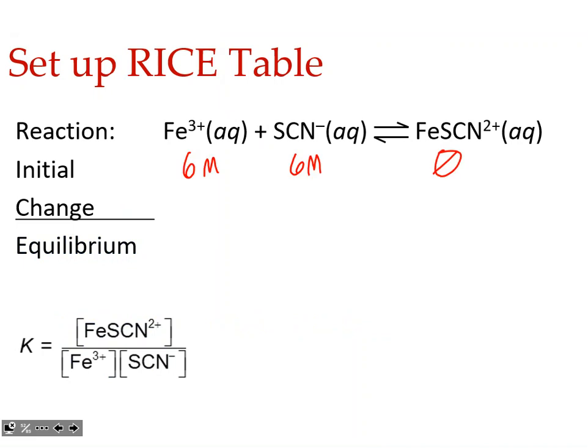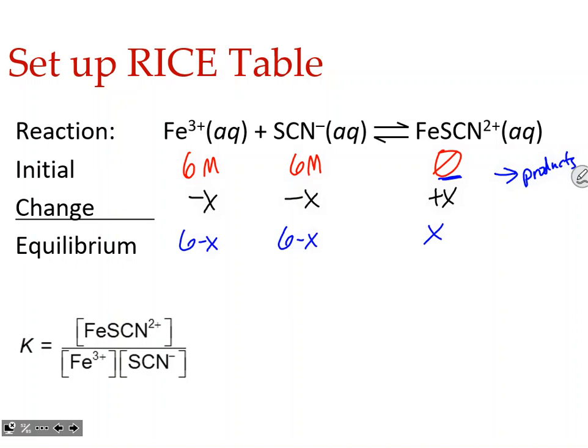So the 6 molar and 0, we're going to proceed towards the products because this is 0 to start with. That means minus x, plus x. And at equilibrium, 6 minus x, and x.